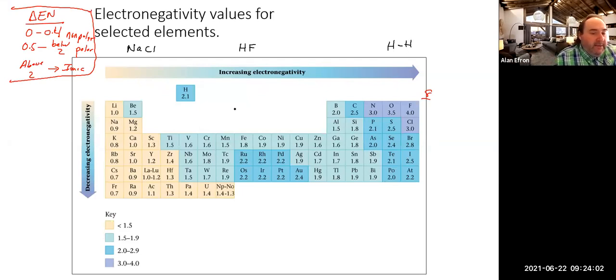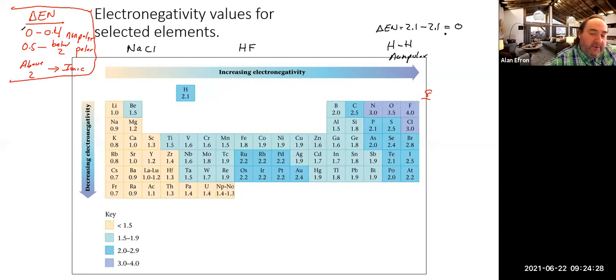Let's take a look at our electronegativity values. Hydrogen, if we go to the chart, is 2.1. So the change in electronegativity for H2 would be 2.1 minus 2.1. That is an electronegativity difference of 0, which definitely puts us in a nonpolar bond.